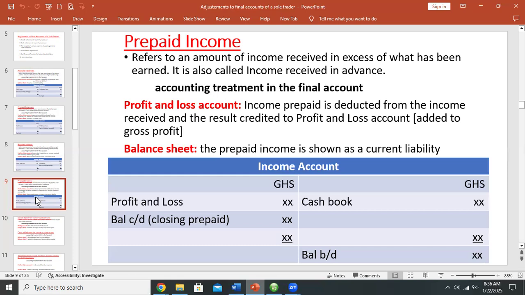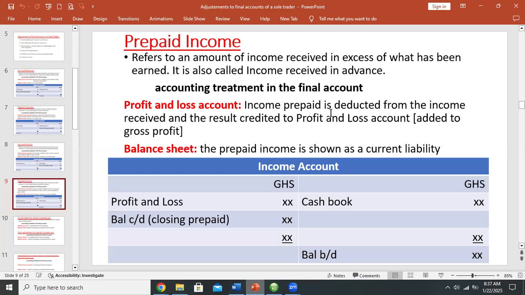So at that point, we have received the commission, we have received the income in advance. How do we treat it? We say that in the profit and loss account, we have to less it. We are lessing it from our income because technically we haven't earned that income. So we don't have the right to add it to our income.